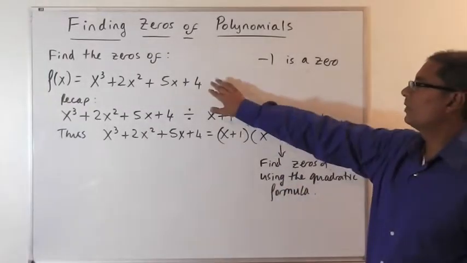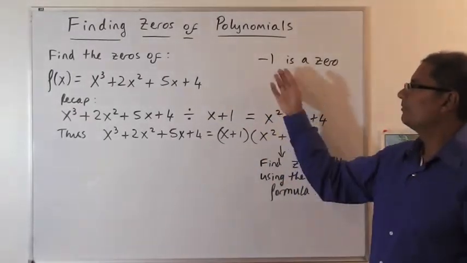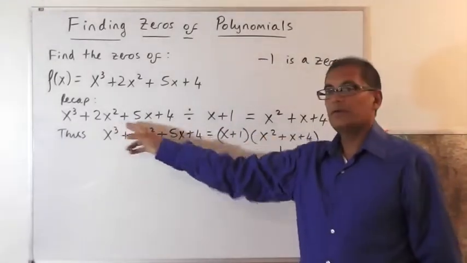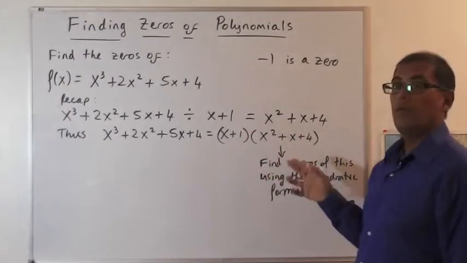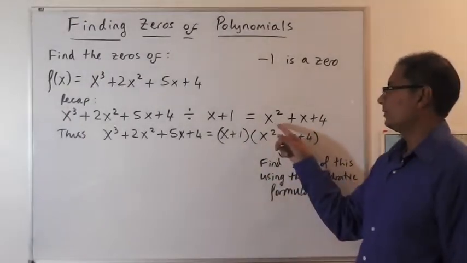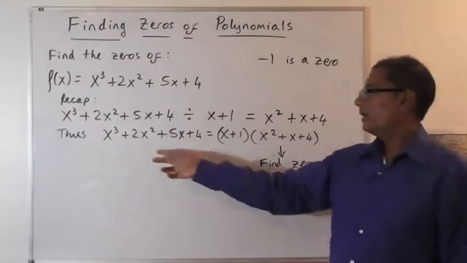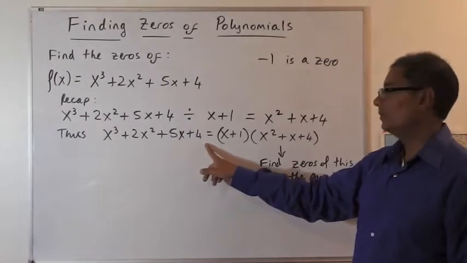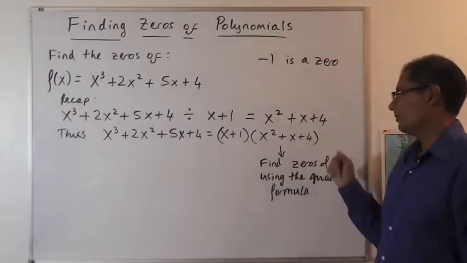We found that negative 1 was a zero of this polynomial, and when we divided negative 1 into this synthetically, in other words, we divided the polynomial by x plus 1, there was no remainder, and we found that we got out x squared plus x plus 4. So in other words, x cubed plus 2x squared plus 5x plus 4 can be broken down into x plus 1 times x squared plus x plus 4.